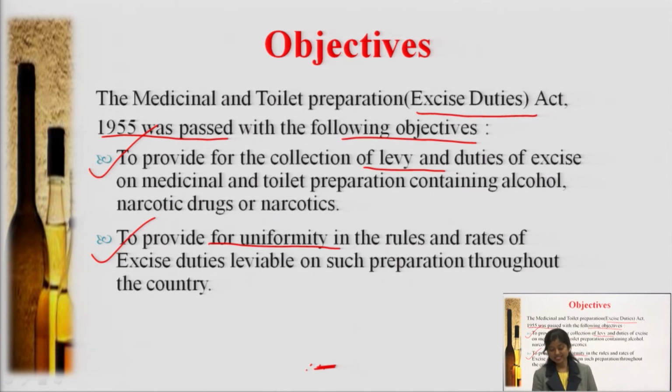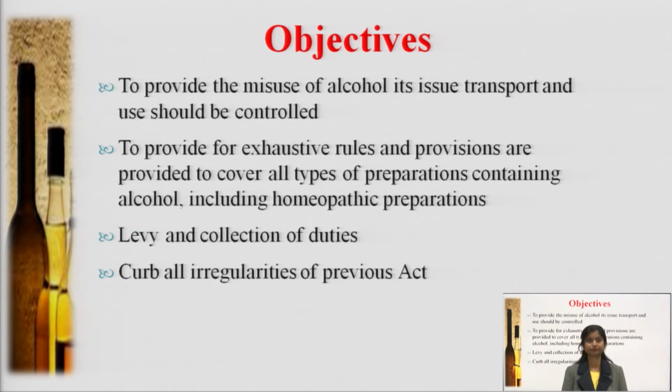Now, coming to the next slide, we have to prevent the misuse of alcohol; its issue, transport and use should be controlled. The way things were misused, that is black marketing of alcohol, should be controlled. Misuse of alcohol should be controlled, including transportation, because these black marketing activities are planned while the things are being transported.